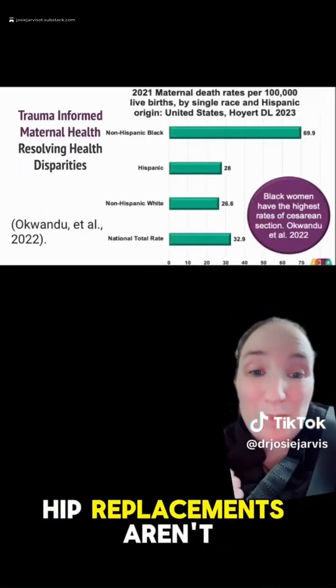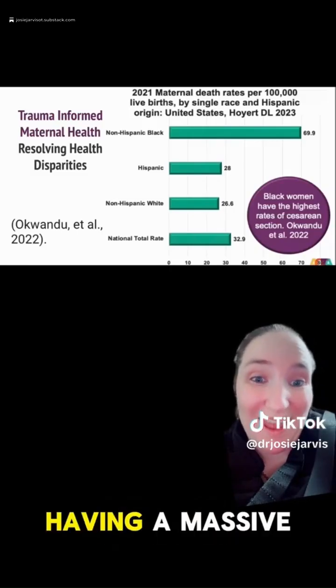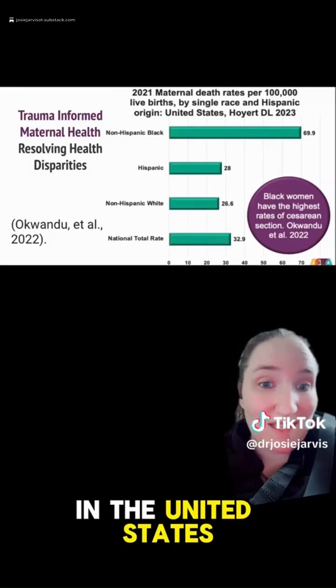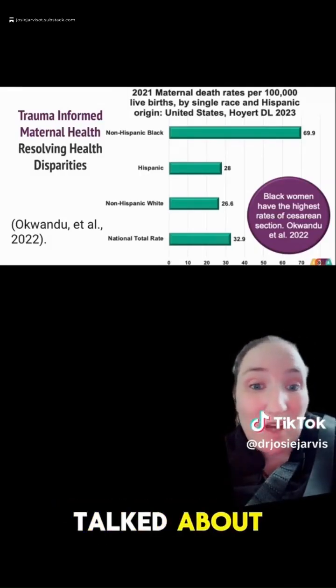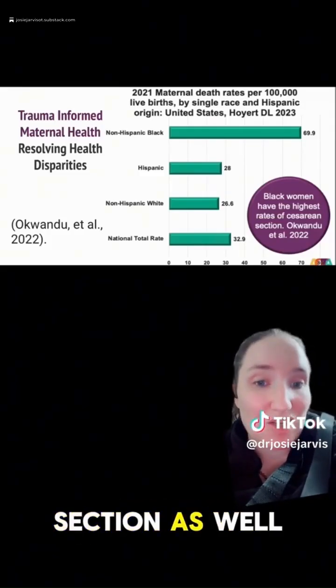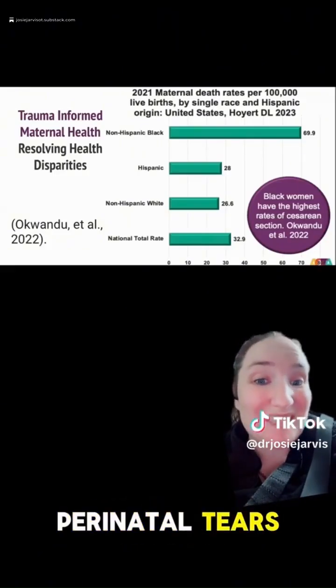But knee and hip replacements aren't the only post-surgical outcomes that are currently having a massive impact on our collective health in the United States and on the functioning of hospitals. As we just talked about, the number one surgery performed in the United States is actually C-section, as well as post-birth complications with perinatal tears.